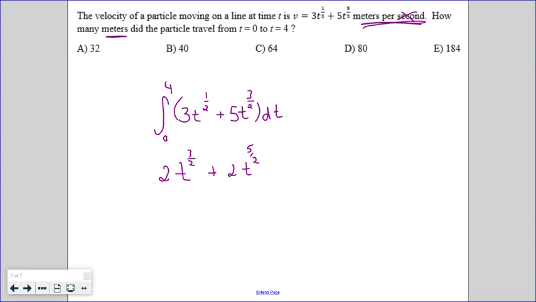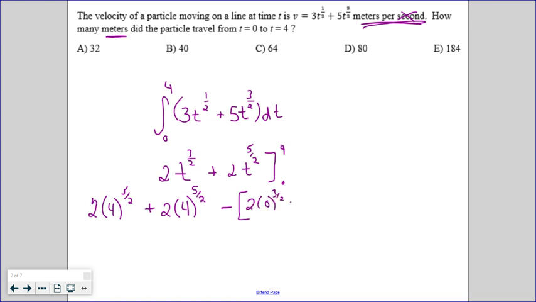Well, that something would be a 2, and we're going to evaluate that from 0 to 4. So 2 times 4 to the 3/2 plus 2 times 4 to the 5/2 minus, and I'm going to show it, but plugging in 0 here is going to result in 0.